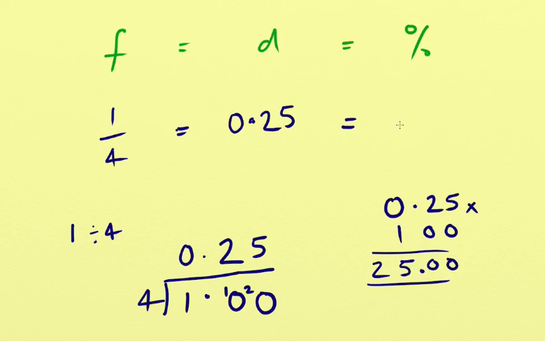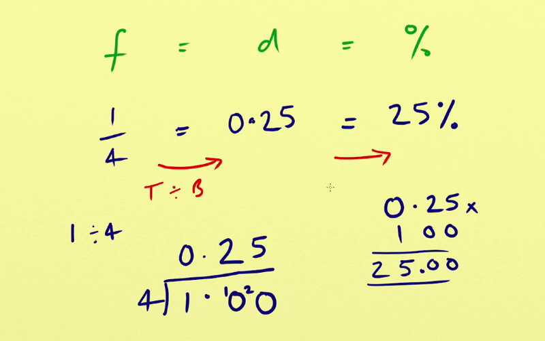So that as a decimal compared to a percentage is 25%. And it's as simple as that. Just to recap, to get from here to here, you do the division, top divided by the bottom of the fraction, and to get from here to here, you just simply multiply by 100. And that's the link between fraction, decimal and percentage.